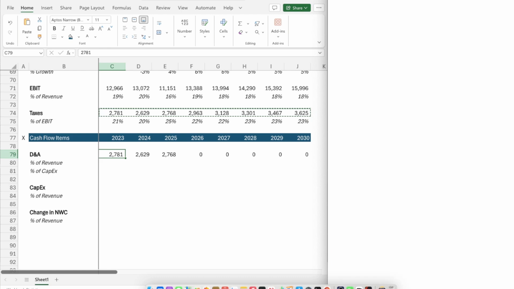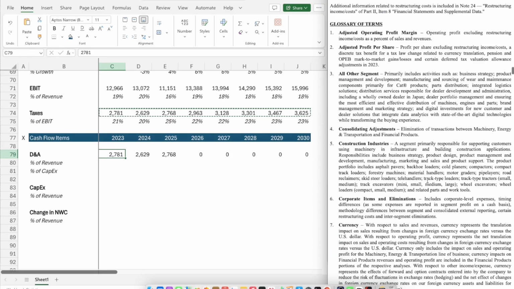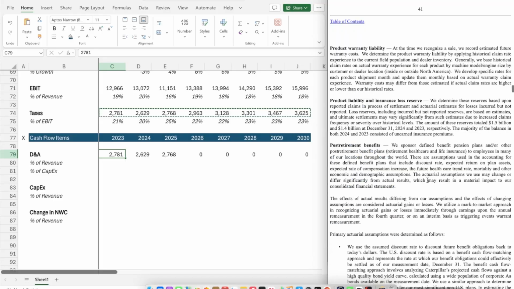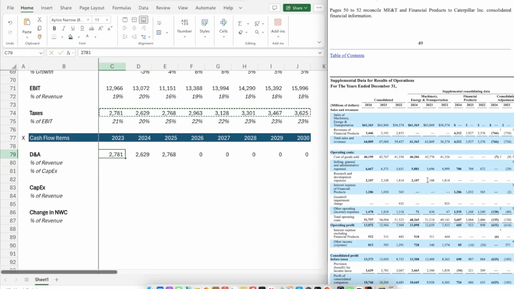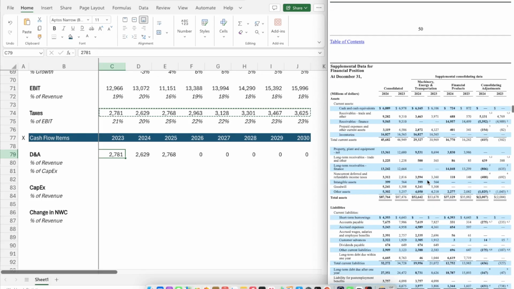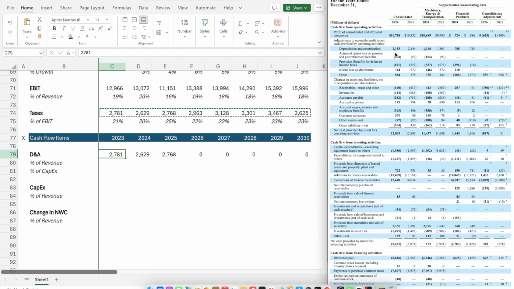So just onto the 2023 statement. Down here somewhere. Okay, so we want 2144.